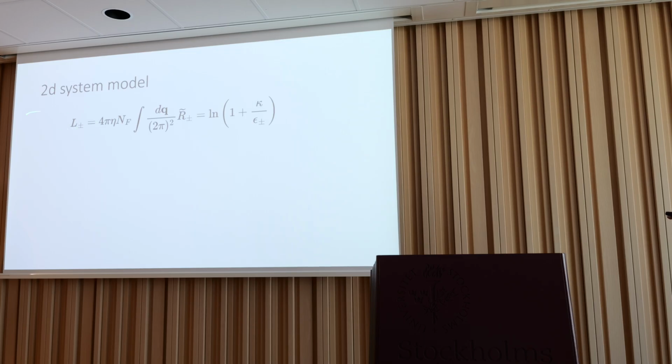So this L plus minus is the rescaled propagators, but probably the simplest way to say it is that this L plus minus is a rescaled number of bosonic particles in the plus or minus component. Or in other words, this is a rescaled number of Cooper pairs, S plus S and S minus S Cooper pairs.